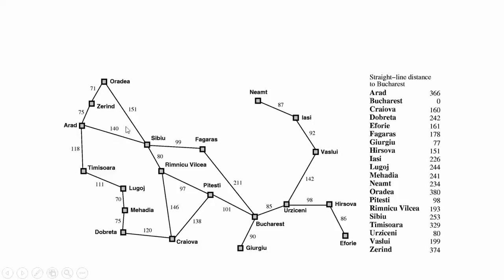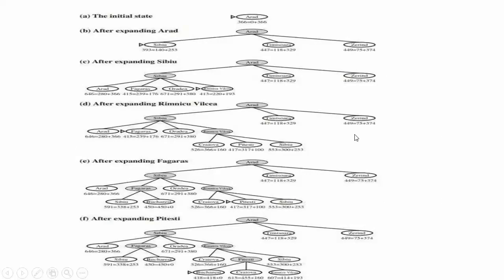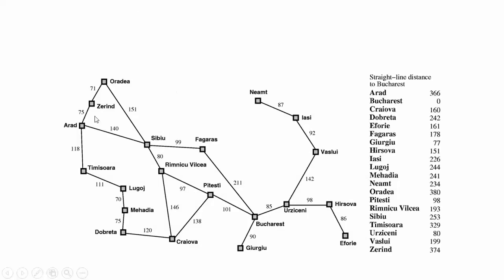So what is this value? The g of n value. And we also consider the straight line distance values. So the g of n value is 140.